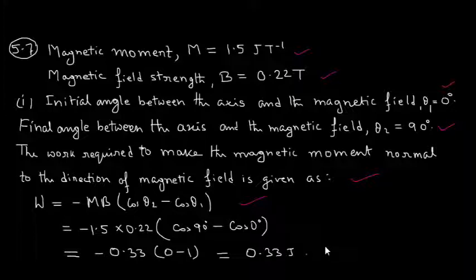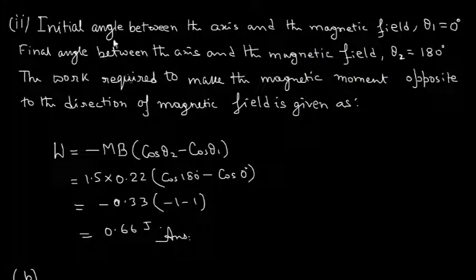Putting the values of M, B, theta 2 and theta 1, we get -1.5 × 0.22 (cos 90 degree - cos 0 degree), which is equal to -0.33 (0 - 1), which is equal to 0.33 joule.